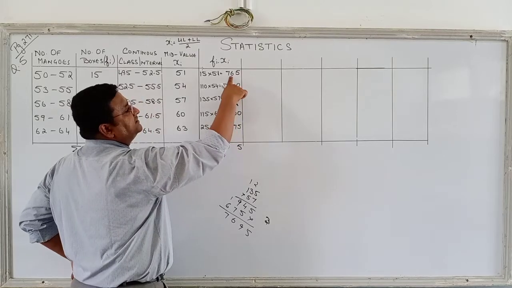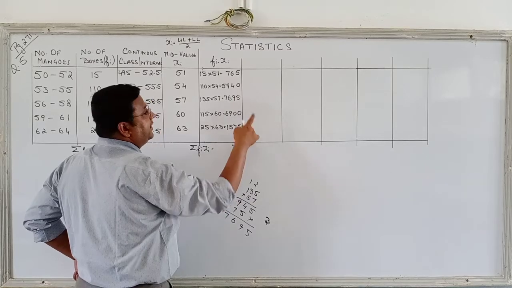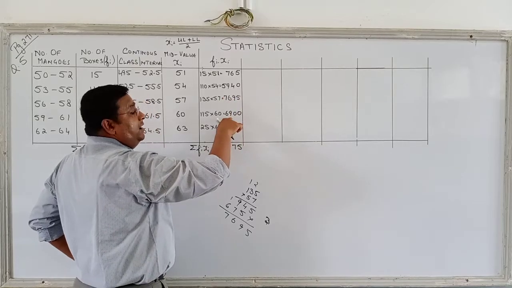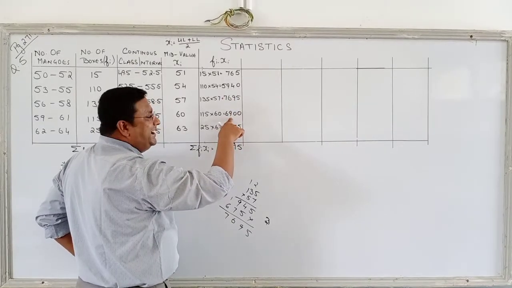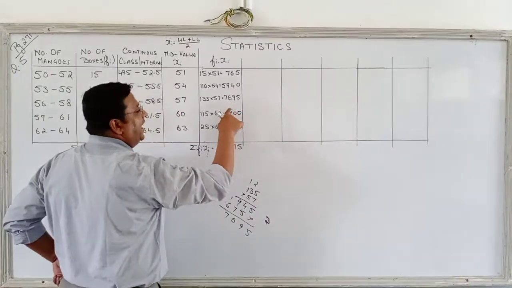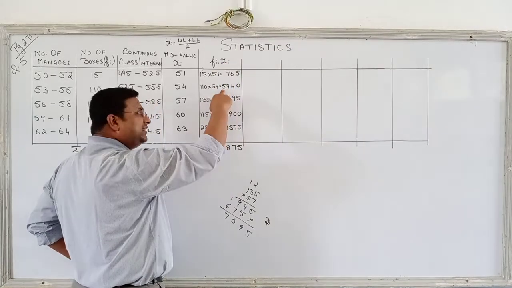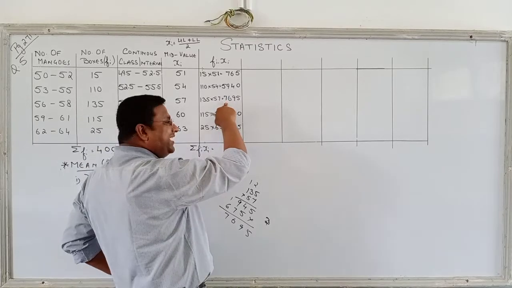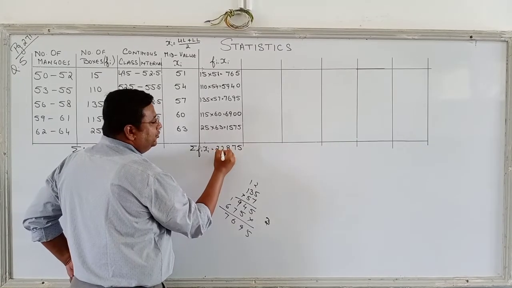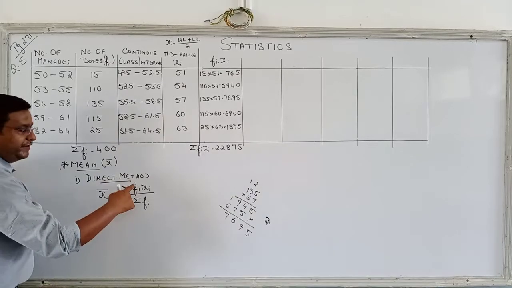Carry 1, 6 and 4, 10, 10 and 9, 19 and 1, 20, and 7, 27, carry 2, 7 and 2, 9, 9 and 9, 18, 18 and 9, 27, 27 and 6, 33, 33 and 5, 38, carry 3, 3 and 5, 8, 8 and 7, 15, 15 and 6, 21, 21 and 1, 22. Clear?